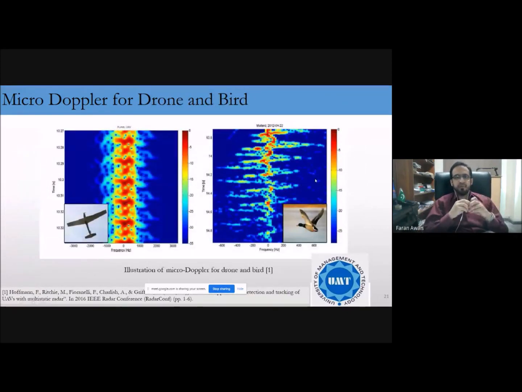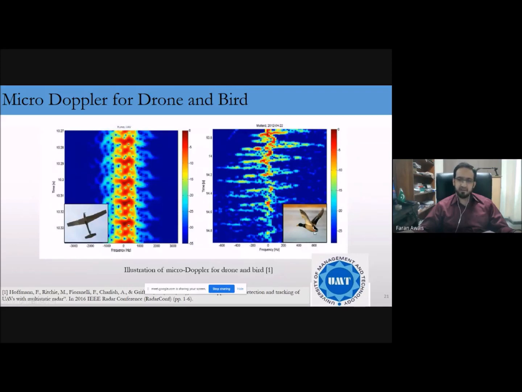Okay, so micro Doppler for drone and bird. On your left, you can see a fixed wing drone. Obviously, drones have so many types, so this is a fixed wing drone. In the fixed wing drone, you can see its STFT plot, in which frequency is on the x-axis. It looks something like this. But on your right, you can see a bird, a duck, that is flapping its wings.